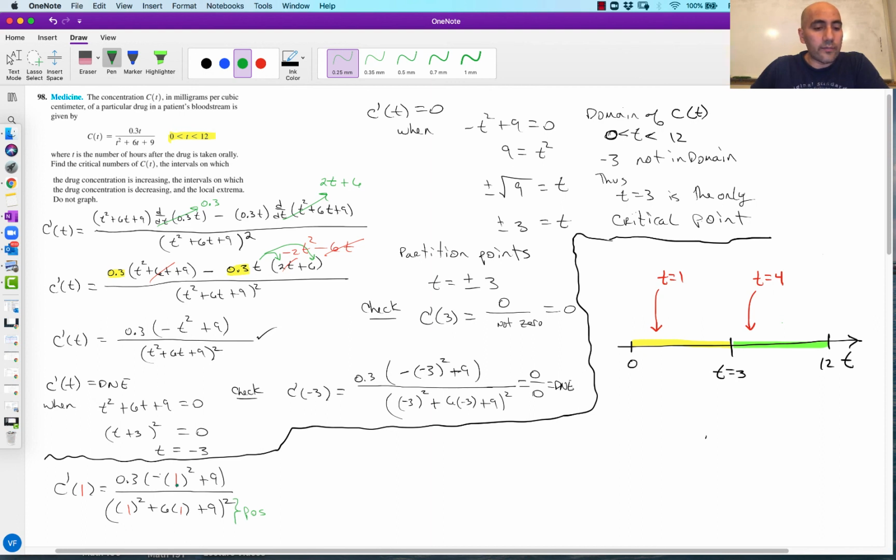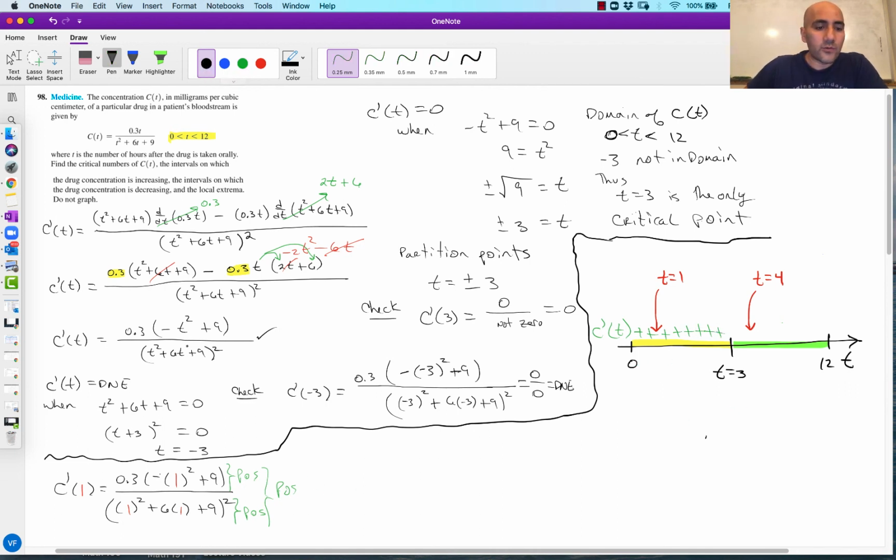Remember, the squared only applies to the 1 here. So I'll end up with 8 times 0.3. I don't know what it is, but I know it's going to be some positive number. So I'll end up with a positive divided by a positive. I know the answer is going to be positive. And so I can conclude that C prime of t is going to have positive values in this interval between 0 and 3.